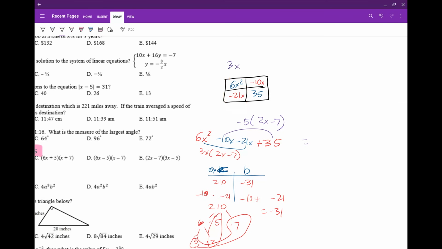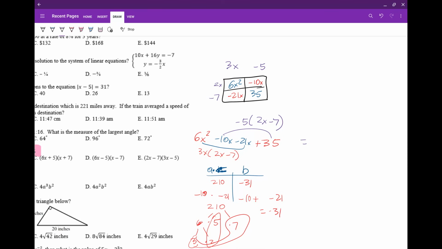And then the greatest common factor across the top row, that's going to be 2x. And then if I just fill out this table, I have negative 5 up there, and then I have negative 7 over here. And then that's pretty much what we get by grouping.